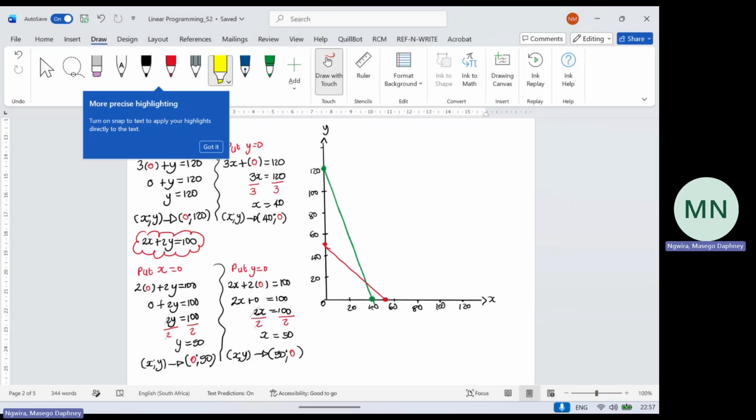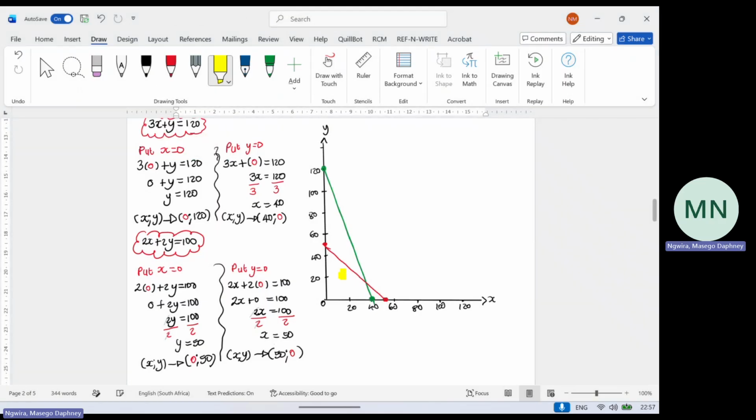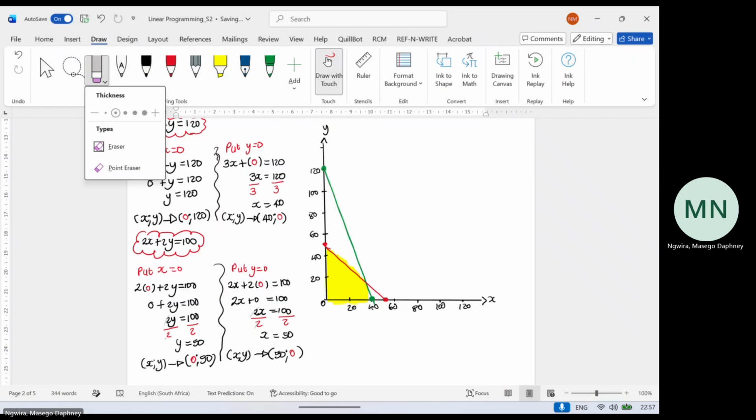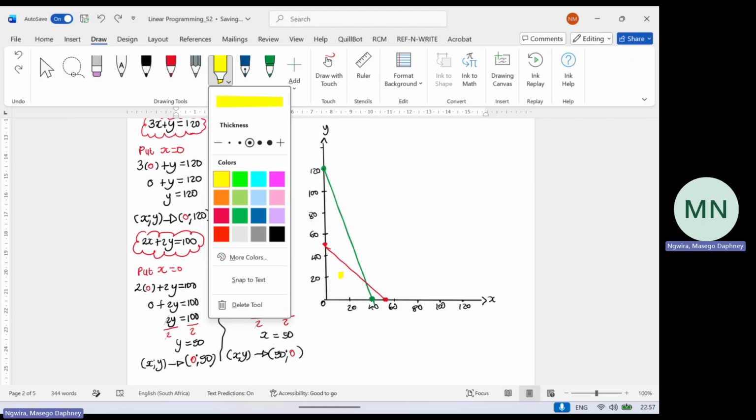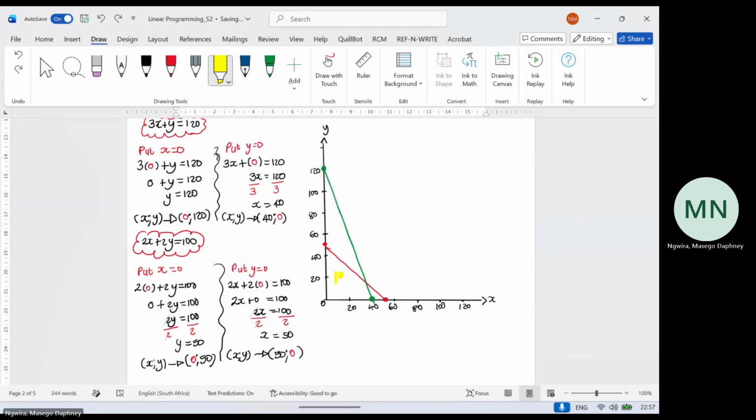Okay, let me try. So this is my feasible region. This is what you call a feasible region. Okay, let me see if I can correct that. Okay, just excuse me, let me try again. So this is the feasible region.